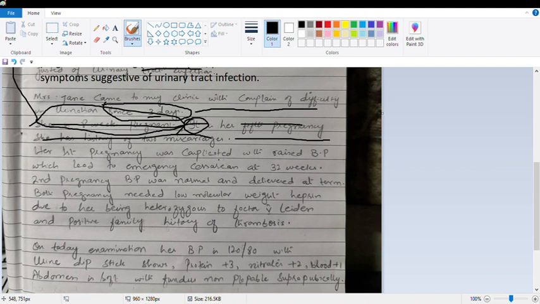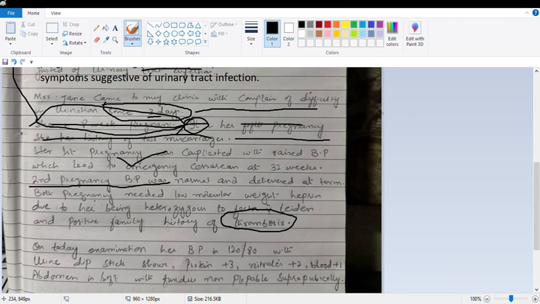Her first pregnancy was complicated with raised BP which led to emergency cesarean at 32 weeks. So that's a good one. Second pregnancy, this is not an appropriate way to start this sentence. Please improve, and positive family history of thrombosis. Please write thrombosis in a good way, so your examiner can understand what you have written in your exam.